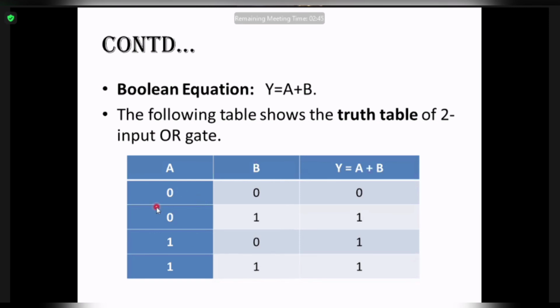If I write this table with the terms high, low: low low, low high, high low, high high, it is also correct. If I write the table with true or false, that is also correct. If I write the table with 0 and 1, that is also correct.